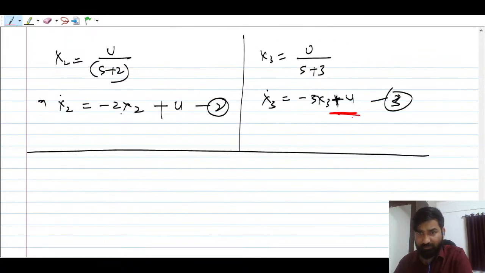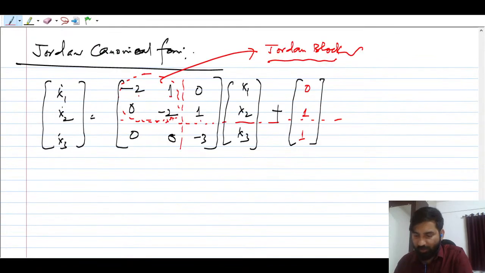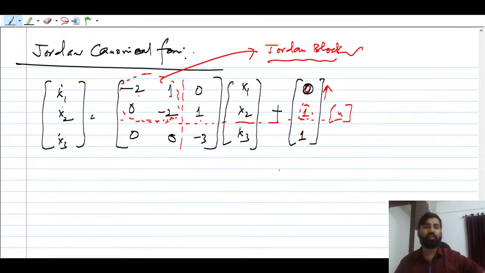You have to understand how we choose this Jordan block. The first one is here. Above that, all the components should be 0, and below that all the components should be 1. This is very important in case of the B matrix. So this is a Jordan block.